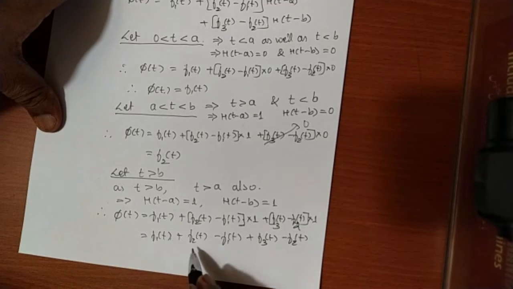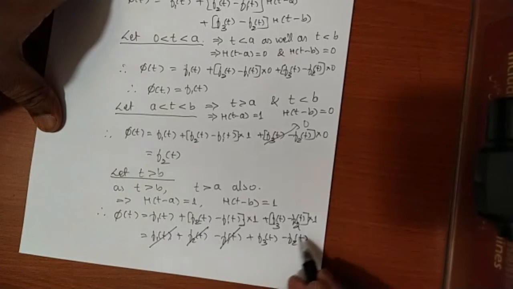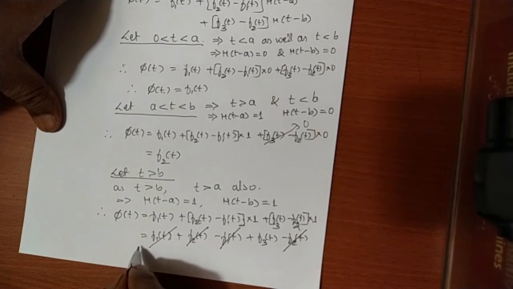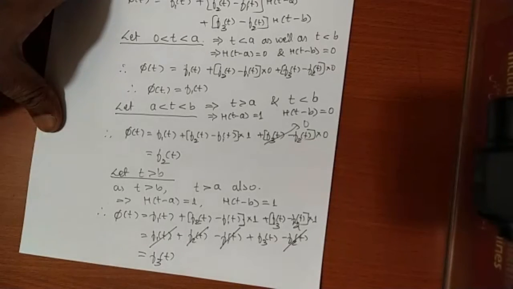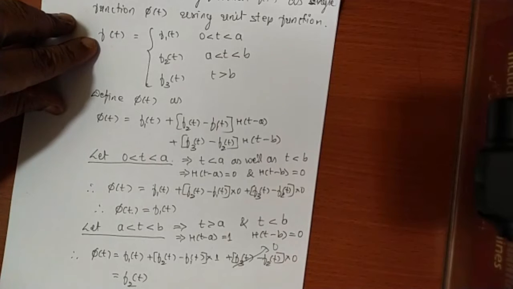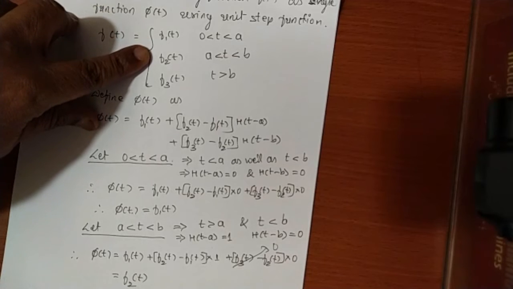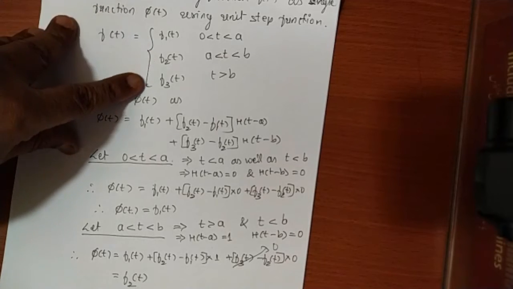Now f1(t) minus f1(t) and f2(t) minus f2(t) cancel, and I am left with f3(t). Therefore, for t greater than b, I got phi(t) as f3(t). So how do we write the function given as f(t) equal to f1(t) for t less than a, f2(t) for a less than t less than b, f3(t) for t greater than b?